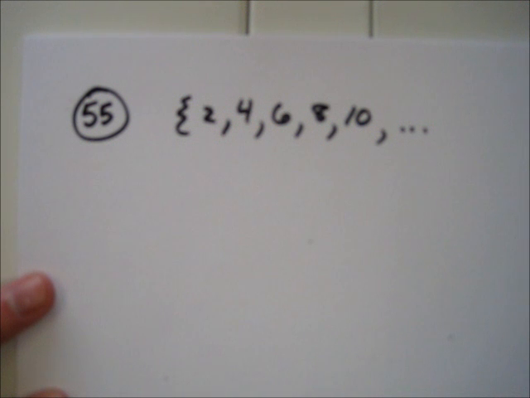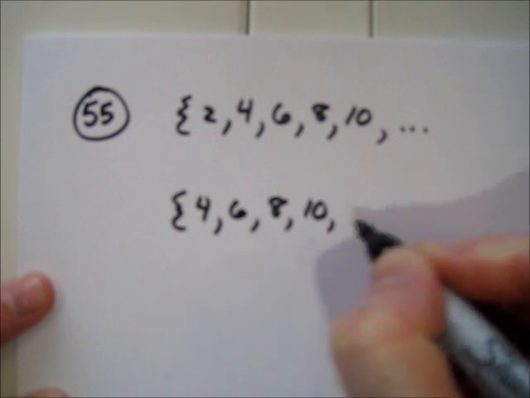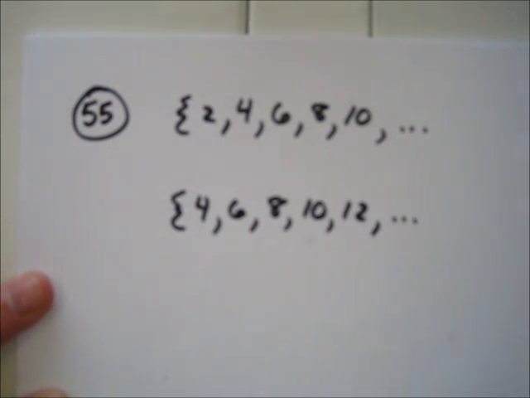Now, the easiest way to create a proper subset of any set is to just remove the first term. Because to be a proper subset, all the elements must be in the previous set, but they can't be the exact same number of elements. So if I get rid of element 2 and just start with 4, I will have created a proper subset of our original set.